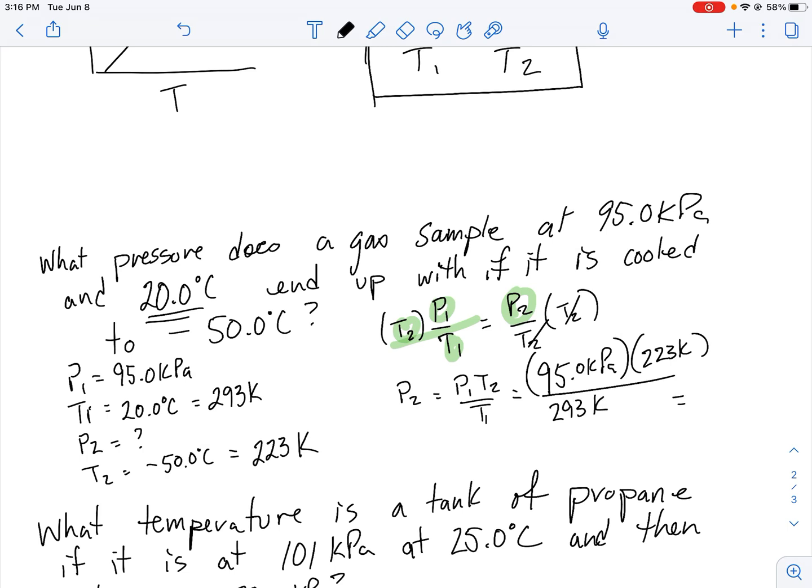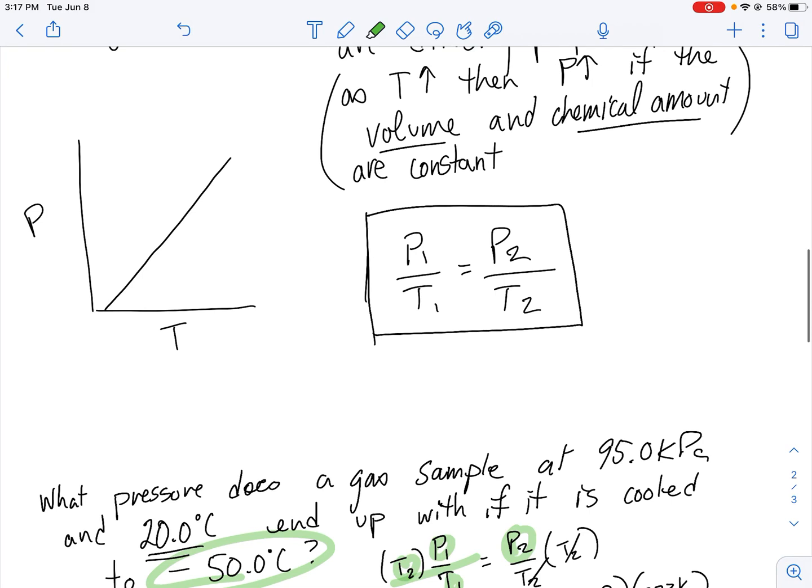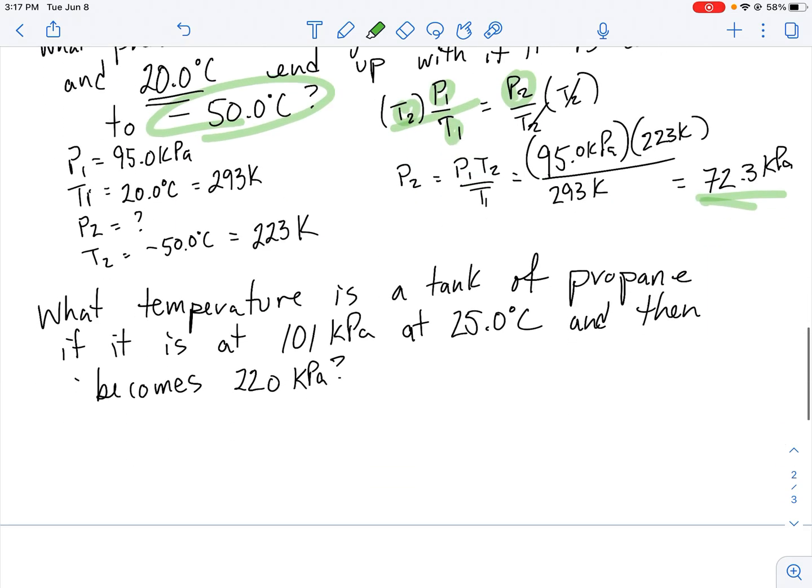And this is going to give me 72.3 kPa. Now I've got 3 sig digs for all my numbers here. I want to do a little bit of a double check. My pressure has gone down, but it's also cooled. So if my temperature is going down, my pressure is also going to go down. That makes sense, and so it's satisfactory to me.